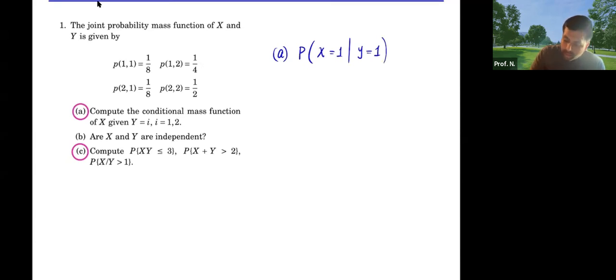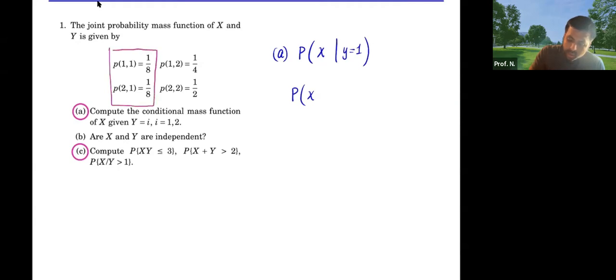So what does that look like? The probability that x equals 1, given that y equals 1. So when y equals 1, we're only really looking at this.